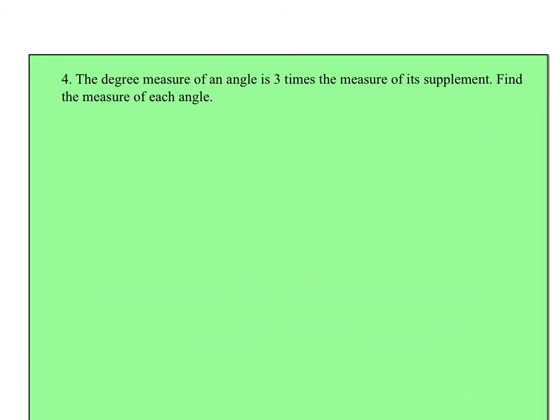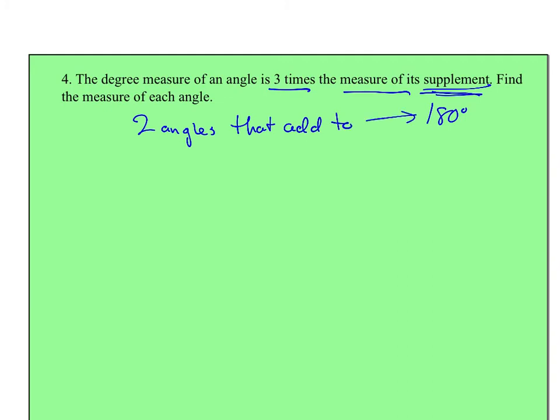So let's consider what we've got here. The degree measure of an angle is 3 times the measure of its supplement. Supplement's a big word there. Remember, supplement is going to be 180 degrees. So I've got two angles that add to 180 degrees.